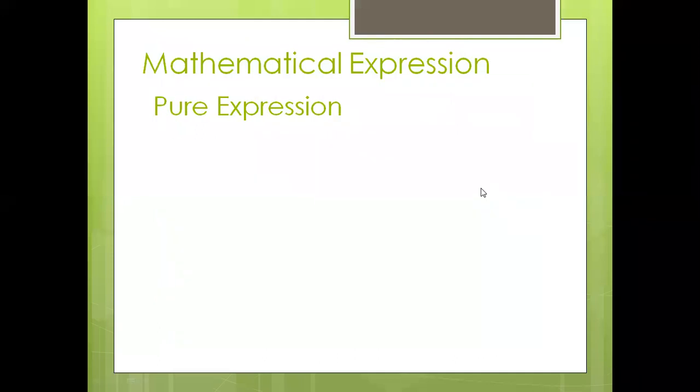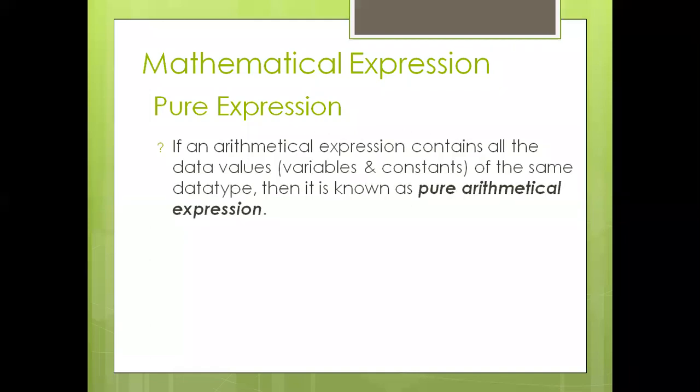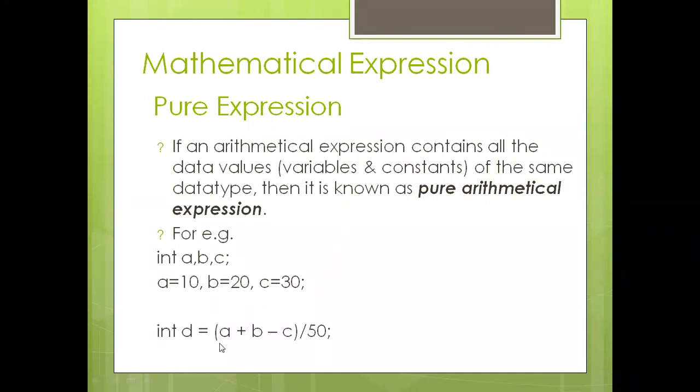Then arithmetic expressions. What are arithmetic expressions? Pure and impure. A valid combination of variables, constants and operators is known as an expression. So if I am writing int a, b, c and a equals 20, this is an example of a pure expression, because all the variables have the same data type.